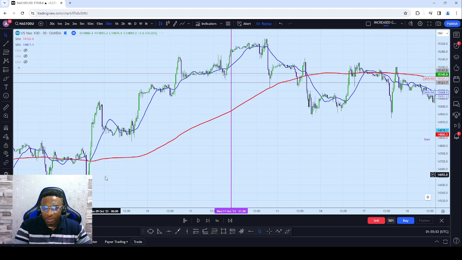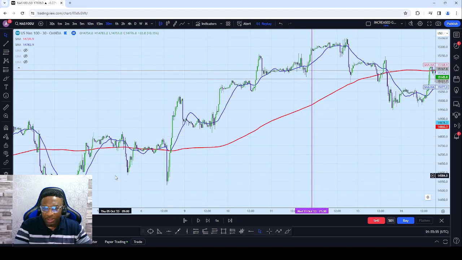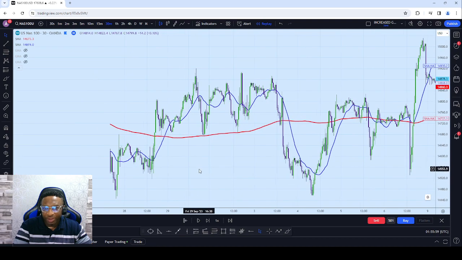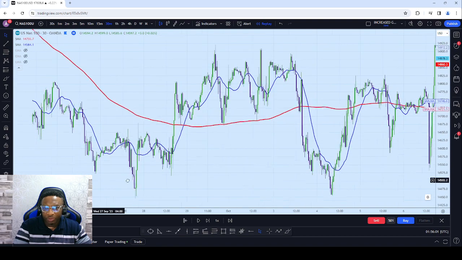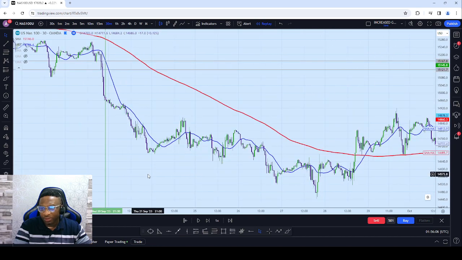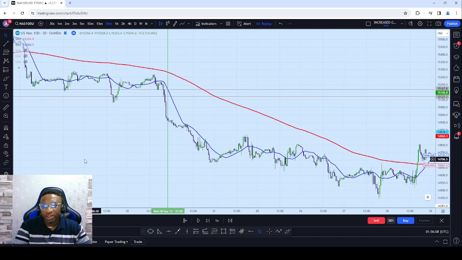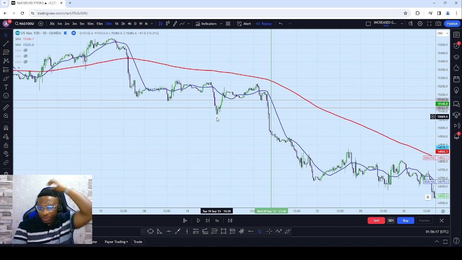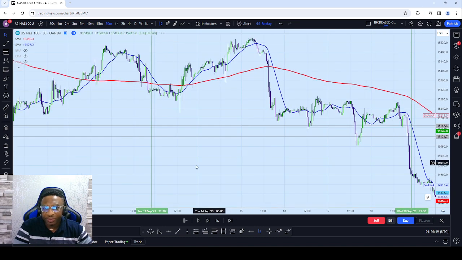So guys, this is how to look out for a better entry when you want to pick out the bottoms on the charts, rather than just aiming for the lowest part of it, which could sometimes be very dangerous.